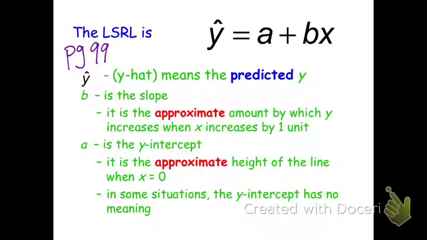So if my formula were y hat equals 13 plus 2x, and my variables were height and weight, then this 13 does not make any sense. It wouldn't be when you're 0 inches tall, you weigh 13 pounds. That does not make sense. So in that case, you would say the y-intercept does not make sense in this context because it is impossible to be 0 inches tall.